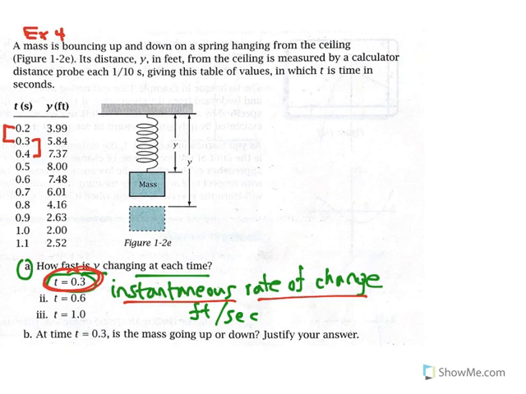One comes before 0.3 seconds and one comes after 0.3 seconds. And it's best if you find the average rate of change on each of those two time intervals, and then take the average of those two average rates of change and use that as your approximation for the instantaneous rate of change of the distance from the ceiling with respect to time at 0.3 seconds.